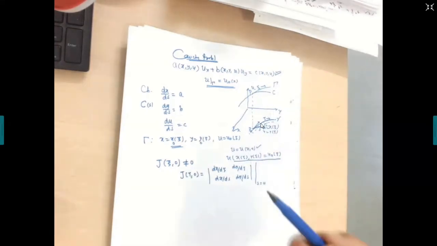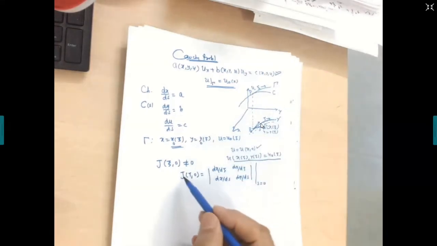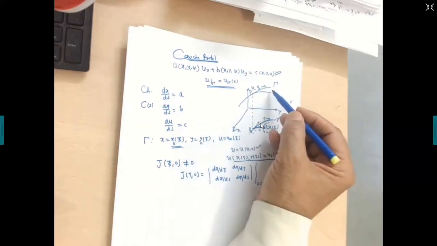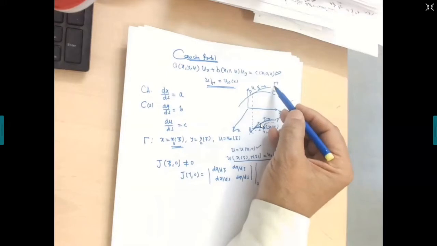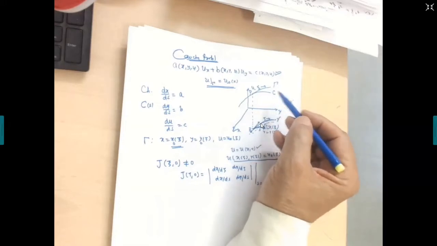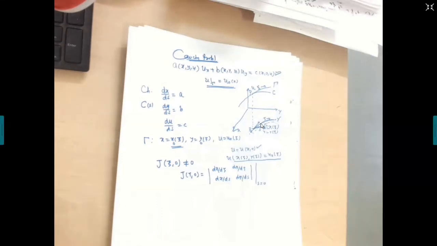In other words, when this is not equal to 0, one more condition should be satisfied. And what is that? Nowhere is capital gamma tangent to the characteristic curve. So these two assertions are equivalent.